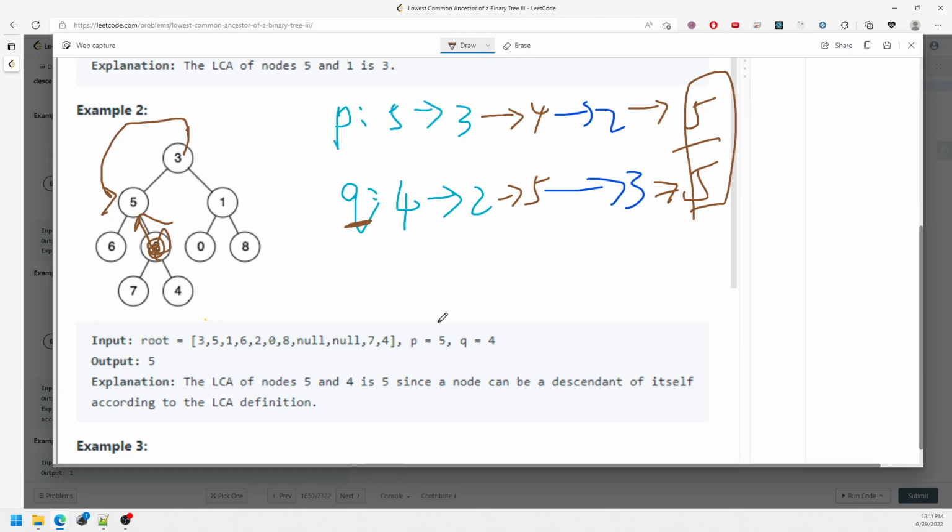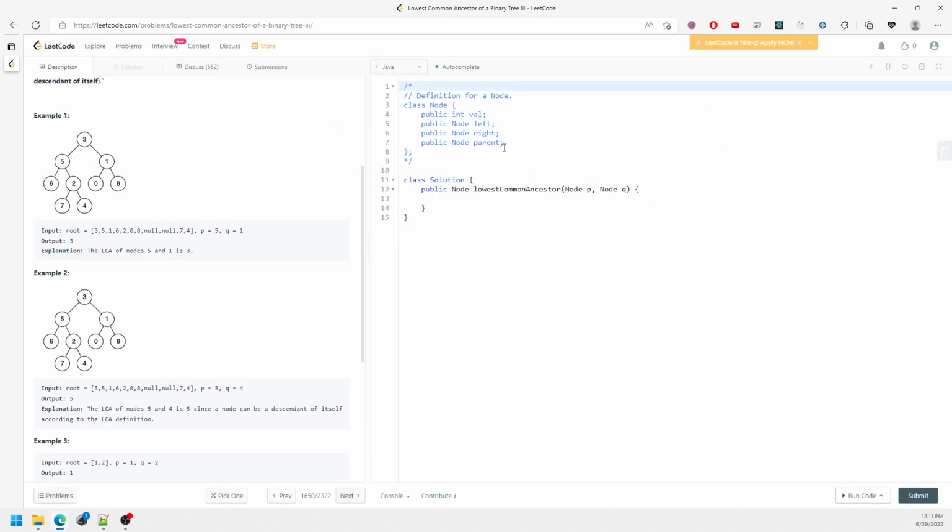So probably this is better to code, and then you'll be able to understand. I'm going to just have the default values: A equal to P, B equal to Q. While A is not equal to B, A will be equal to what?